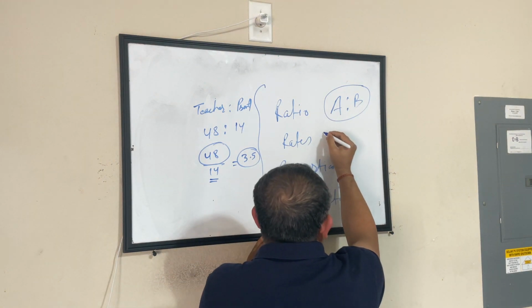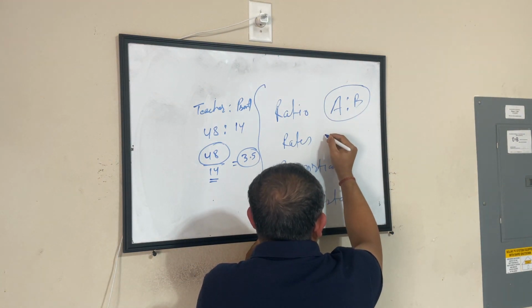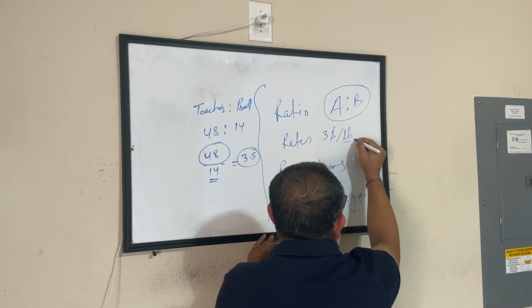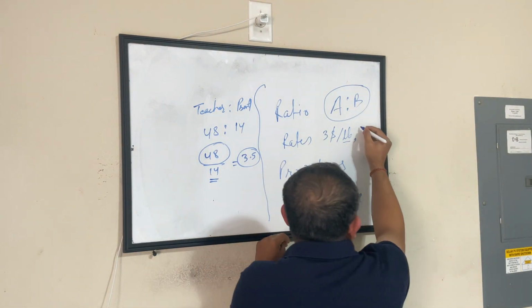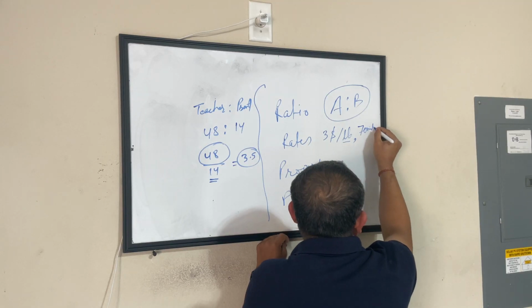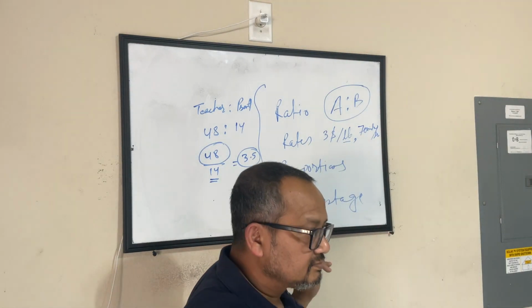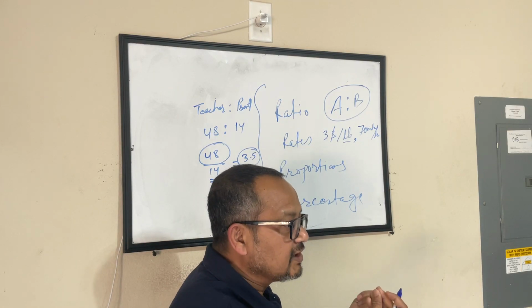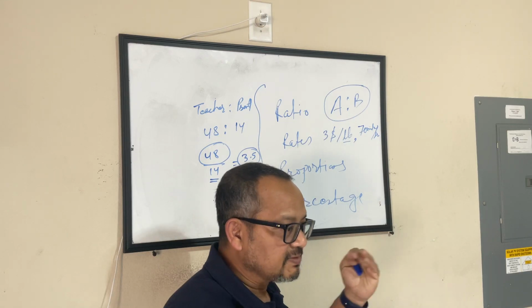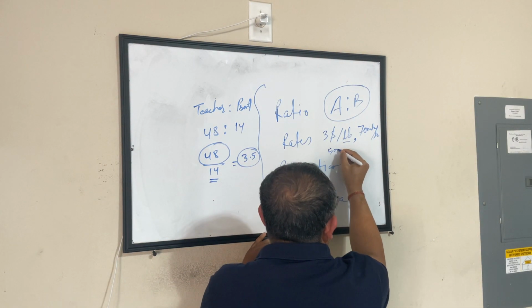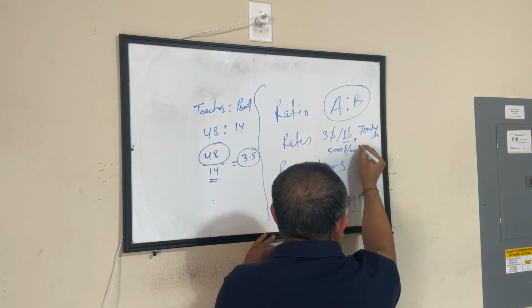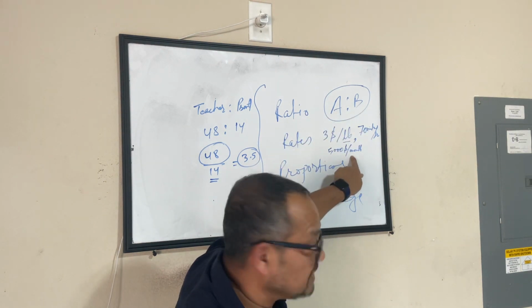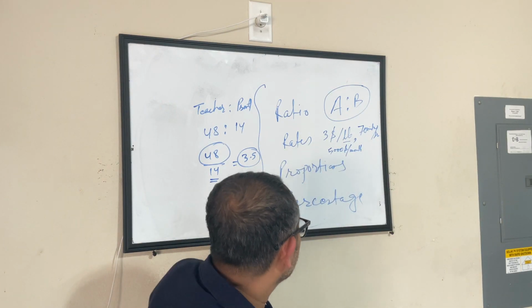Here if I say price of, let's say, potatoes, $3 per pound, or speed of the car, 70 miles per hour, or let's say salary of an IT professional in the early time of the career, let's say $5,000 per month. Okay, so if you look at these values carefully, these are rates.